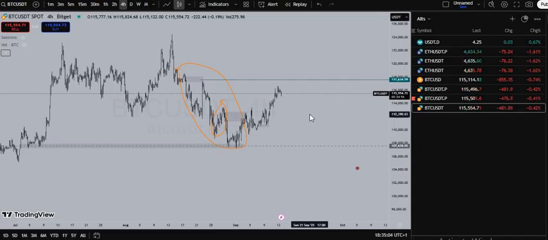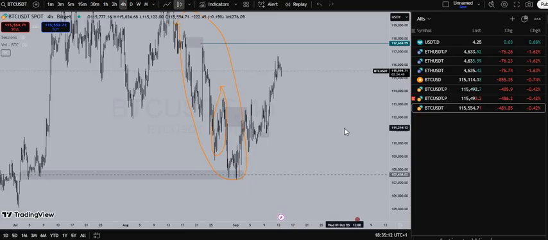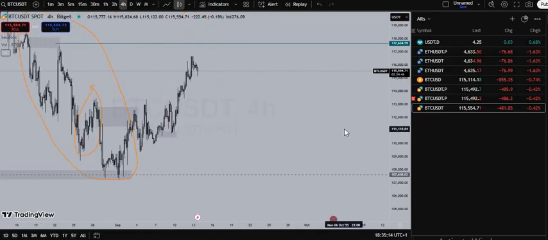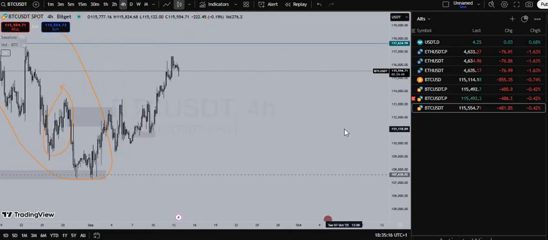There are other concepts of supply and demand like the flip zones. Flip zones are basically supply and demand zones and structures that you will find along breaks of structure. So you have a support, the market breaks the support, and that support becomes resistance.